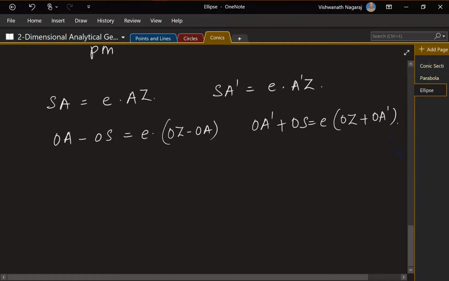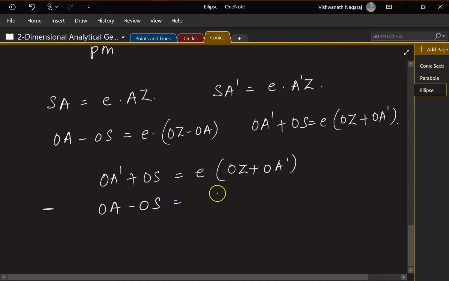Now let's do the subtraction of these two. OA prime plus OS is equal to E times OZ plus OA prime, minus OA minus OS is equal to E times OZ minus OA.